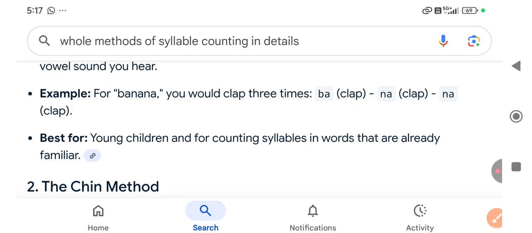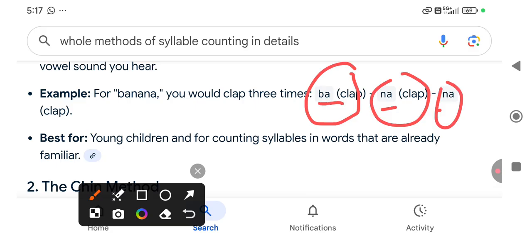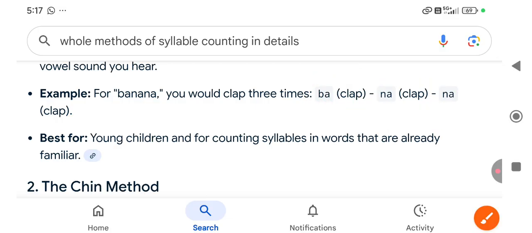Example, banana. You would clap three times: ba, na, na. Banana, this is a three syllable word.